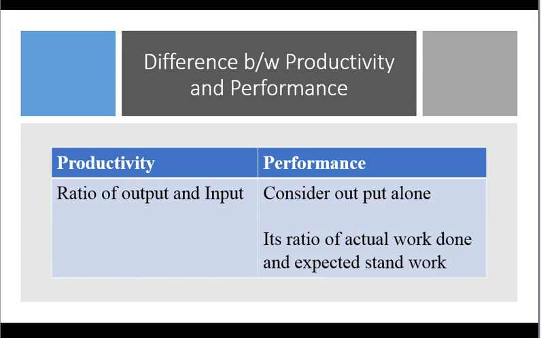Performance measurement considers output alone, and in productivity maybe the productivity will be more, so that we need to measure. We will discuss that in the coming lecture, but I think now it is clear what productivity and performance are, and what is the difference between them.